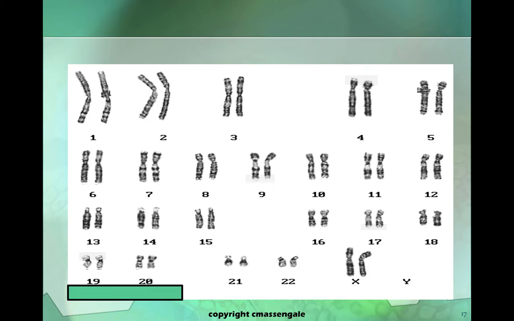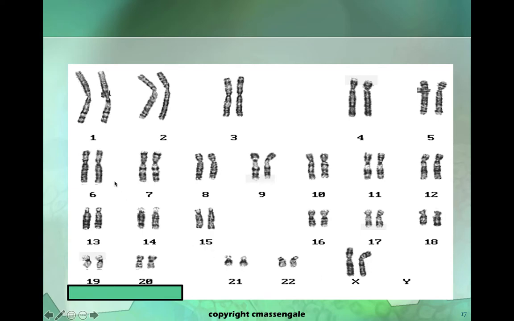So right here we notice that even if I didn't have the XY there, the description I gave for female sex chromosomes says that the chromosomes are both the same size. Now this one right here, I know that it's bent over a little bit, but that's just the shape of it. They bend, but they're both the same size.